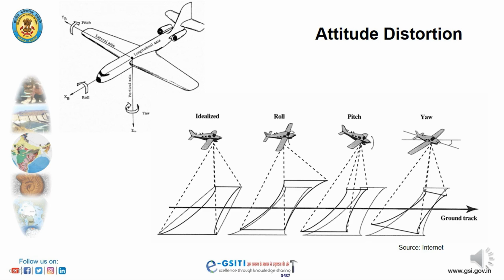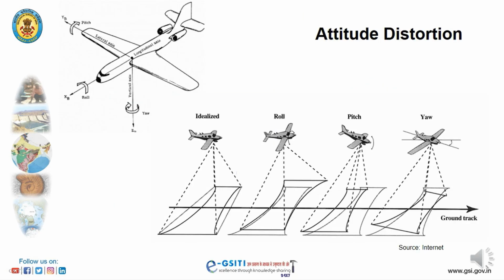If any changes happen to these axes, there will be a distortion in our imagery. It has been shown in the picture below. You can see during the aircraft movement, the changes happening to the lateral axis, vertical axis, as well as the roll, and how it is changing.